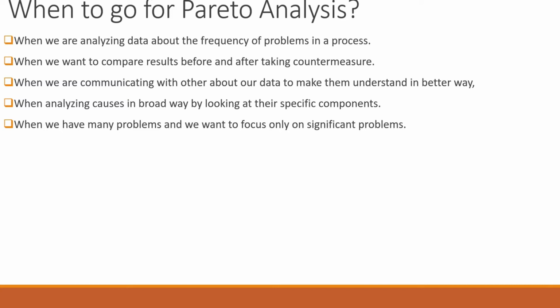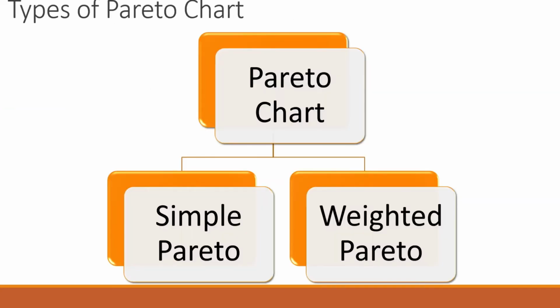When we are analyzing the data about the frequency of problems in the process, when we want to compare the results before and after taking a countermeasure, when we are communicating our data to others to make them understand in a better way, when analyzing the causes in a broader way by looking at their specific components. And the last one is when we have many problems and we want to focus only on those significant problems, only those 20% problems.